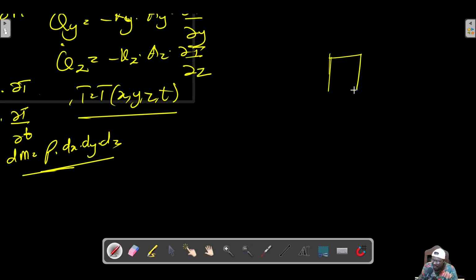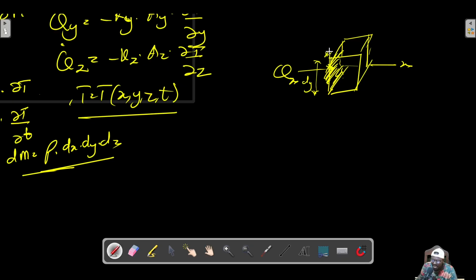If this is our infinitesimal control volume we selected, and this is our x-axis, and the heat flow is along the x-axis, then the area perpendicular to the heat flow is this particular area. This dimension is along y, so dy.